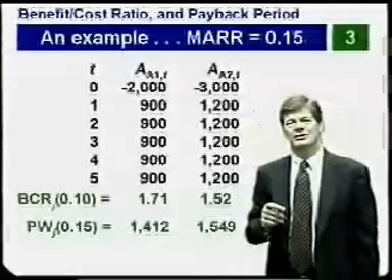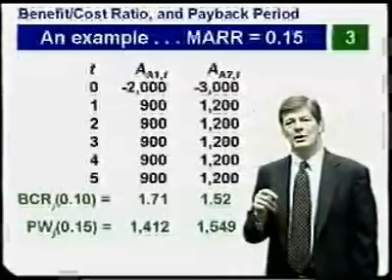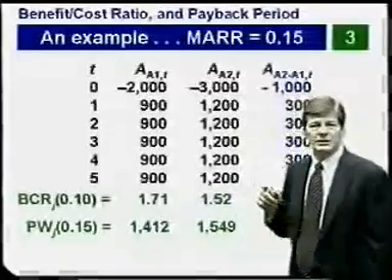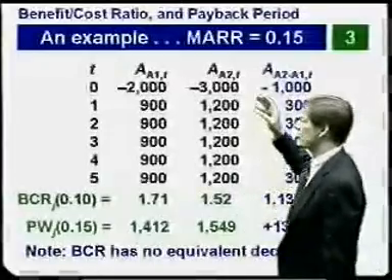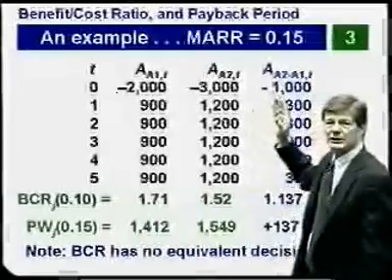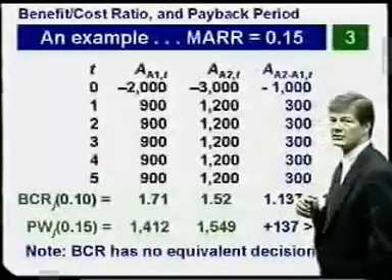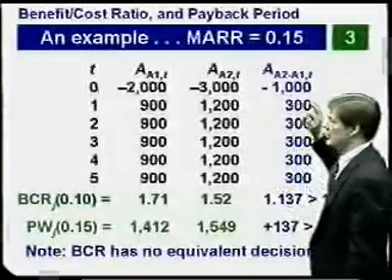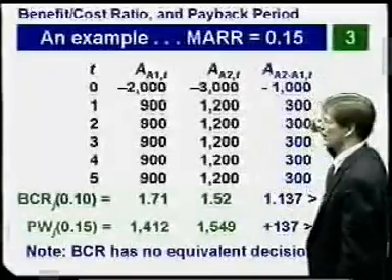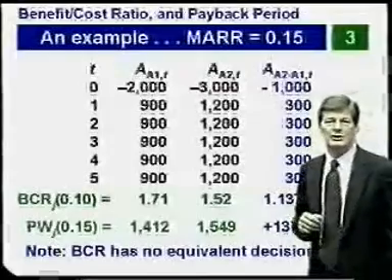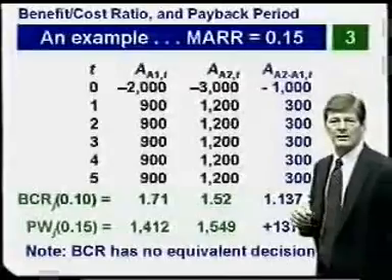The problem here is a need to do a proper incremental analysis. If we take the differences between alternative A2 and alternative A1, you end up with this incremental cash flow stream. An incremental investment of $1,000 for which we will receive incremental benefits of $300 each year for the next 5 years.